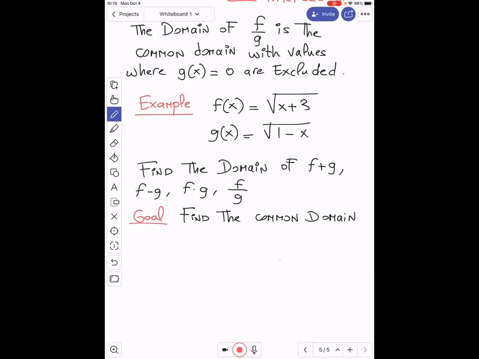To find it, there are a couple of steps. First step, you need to find the domain of f.